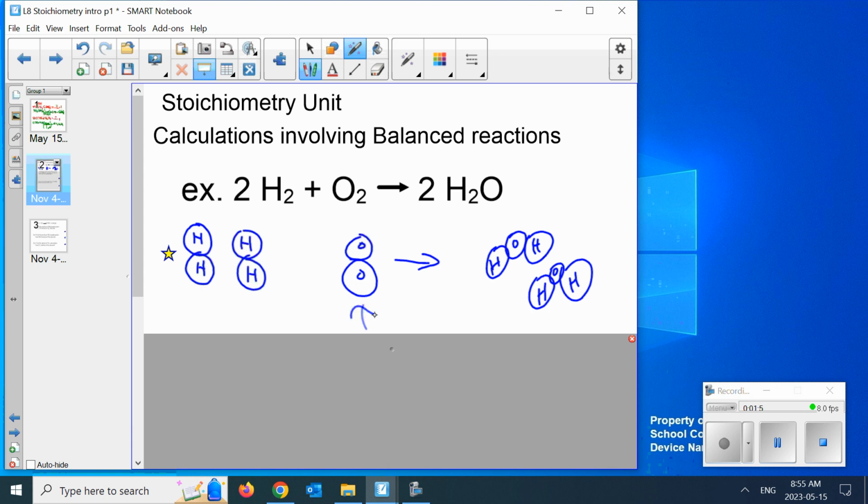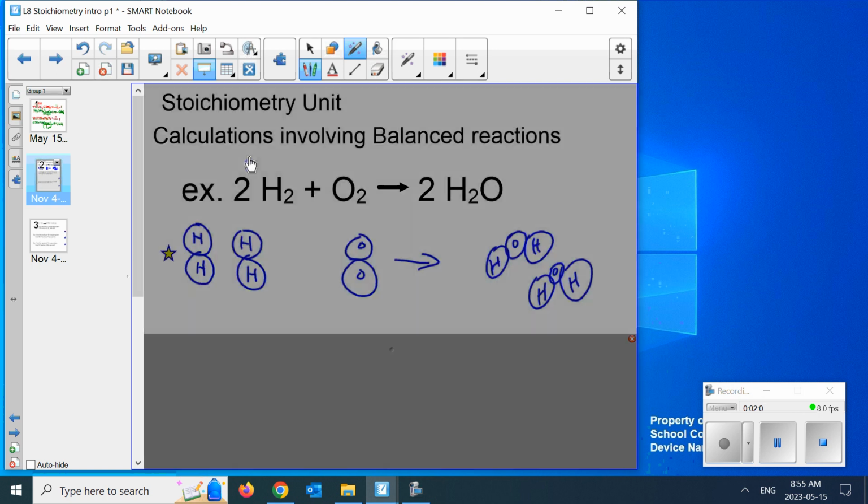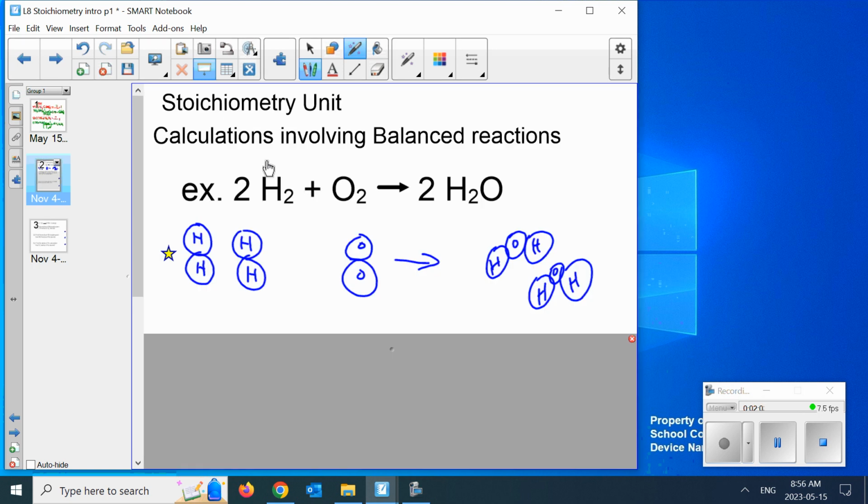Now, does it make sense then, if I had 20 groups of hydrogen, how many groups of oxygen with that 2-to-1 ratio would you need? 10, yeah. So it's a 2-to-1 ratio, 20 to 10.